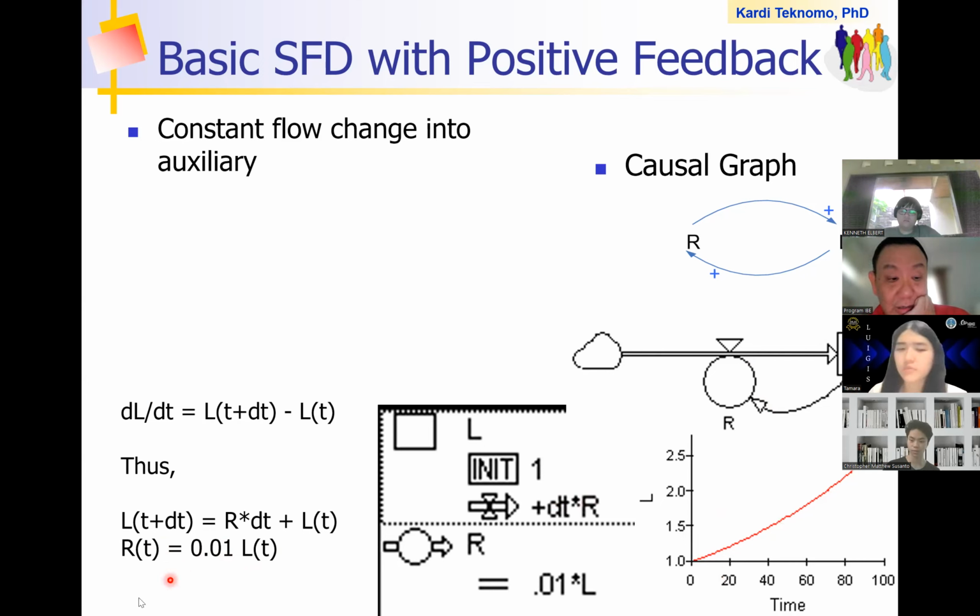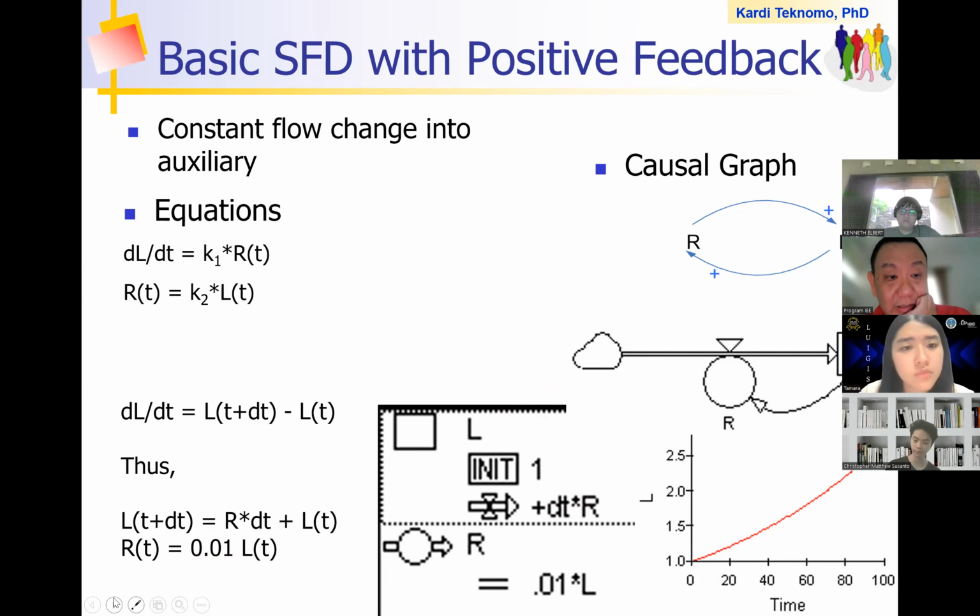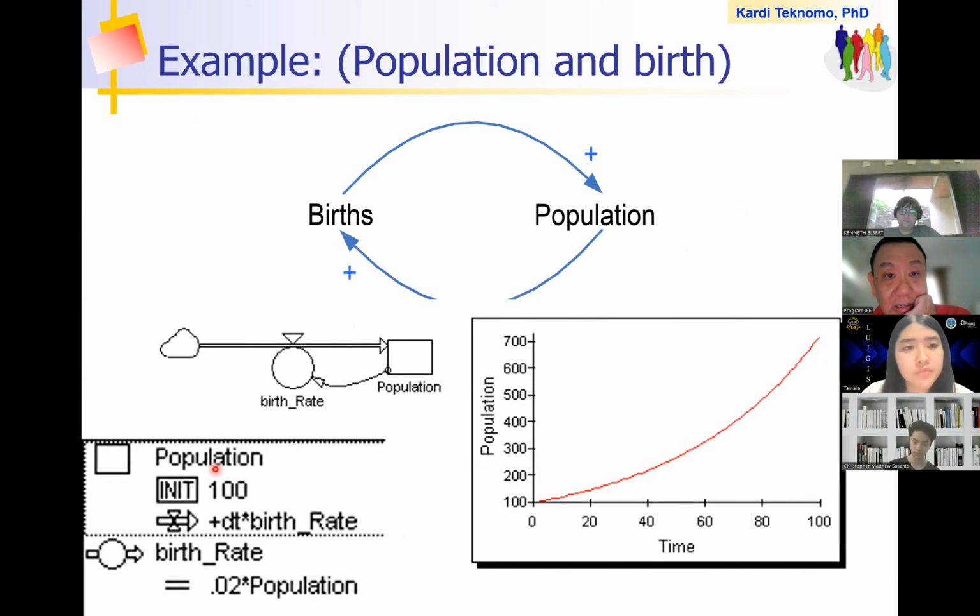The same thing with the next example. Yeah, this is the equation. The next example is the population and the birth. Again, the same: birth rate and population. This is a positive feedback loop, so the curve is like this. How do you get that?